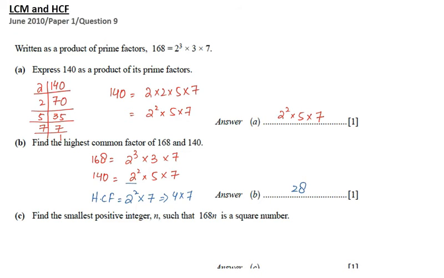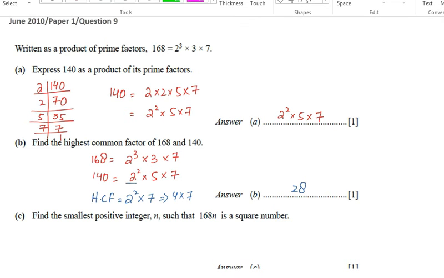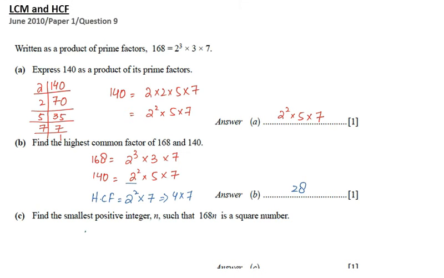So we will find that number. First of all, we will check the factors of 168. We have to multiply 168 by n, where n is the smallest possible integer value.